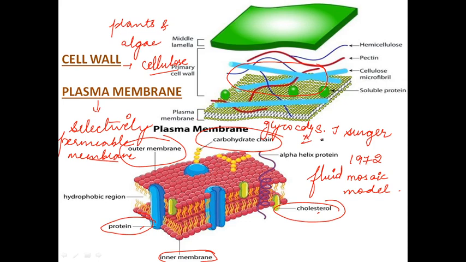The proteins present in the plasma membrane provide a wide range of functions. First, they transport molecules, electrons and ions through the channel, pump and carriers in the electron transport chain. Second, they act as enzymes.